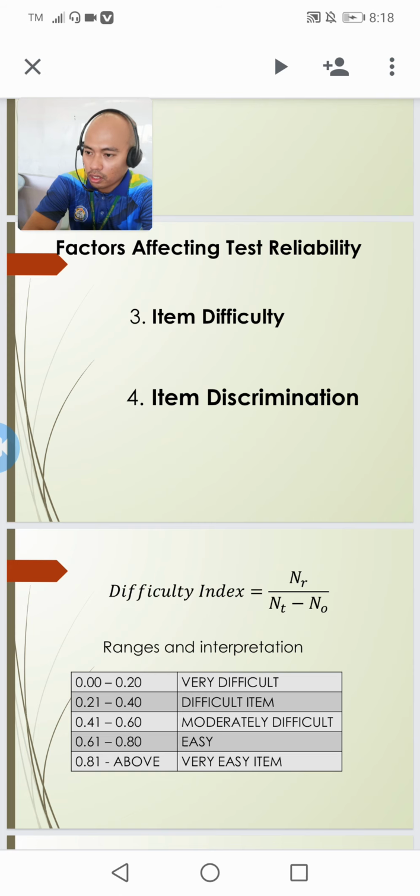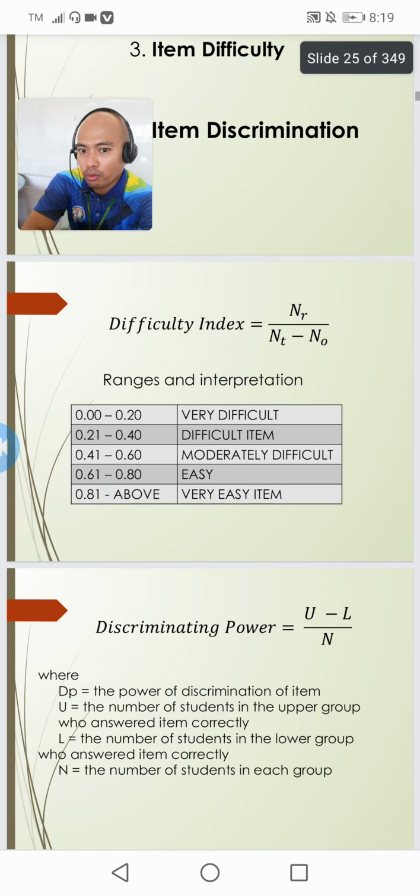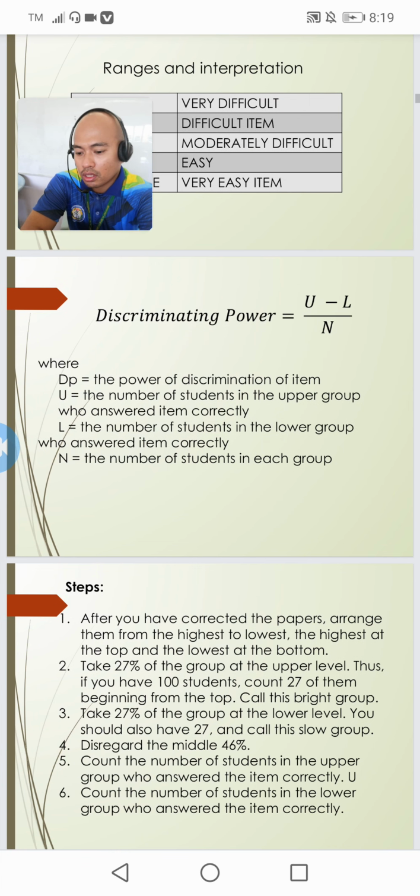All right. And the fourth one is the item discrimination, which will be the focus of today's video. In general, tests composed of more discriminating items will have greater reliability than those composed of less discriminating items. The target of this discriminating power is for us to discriminate between the high group and the low group.